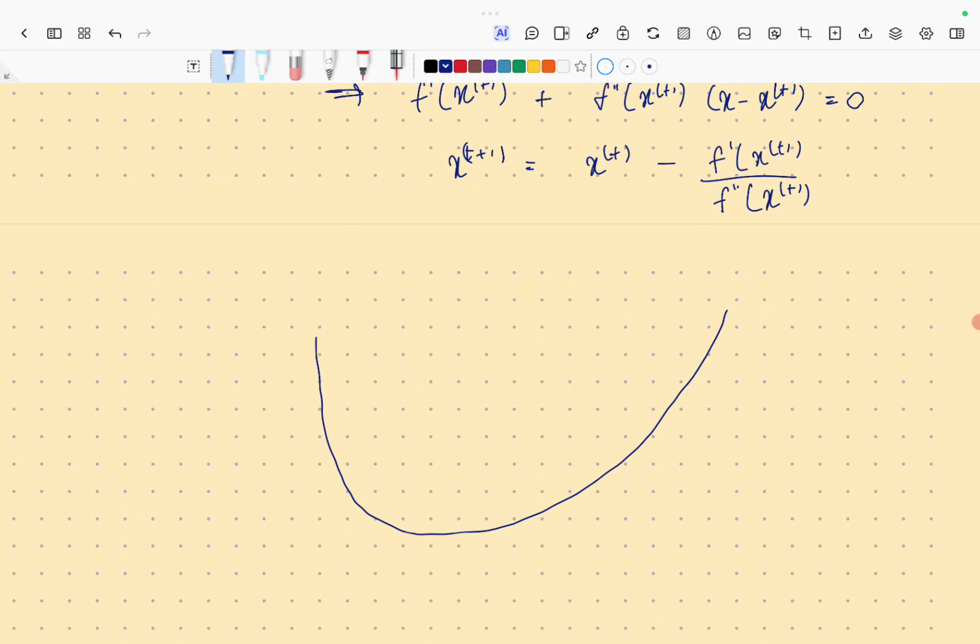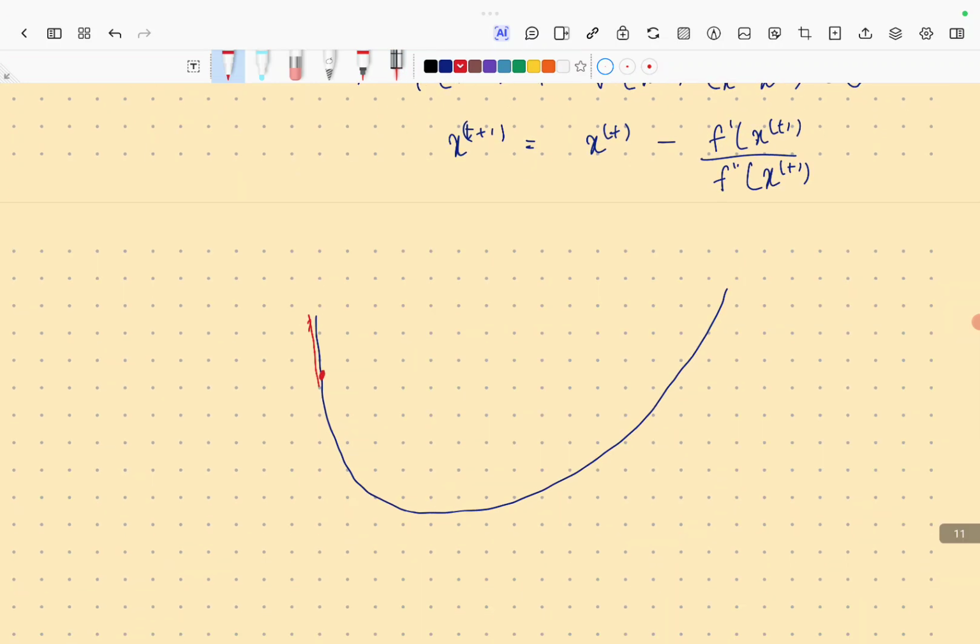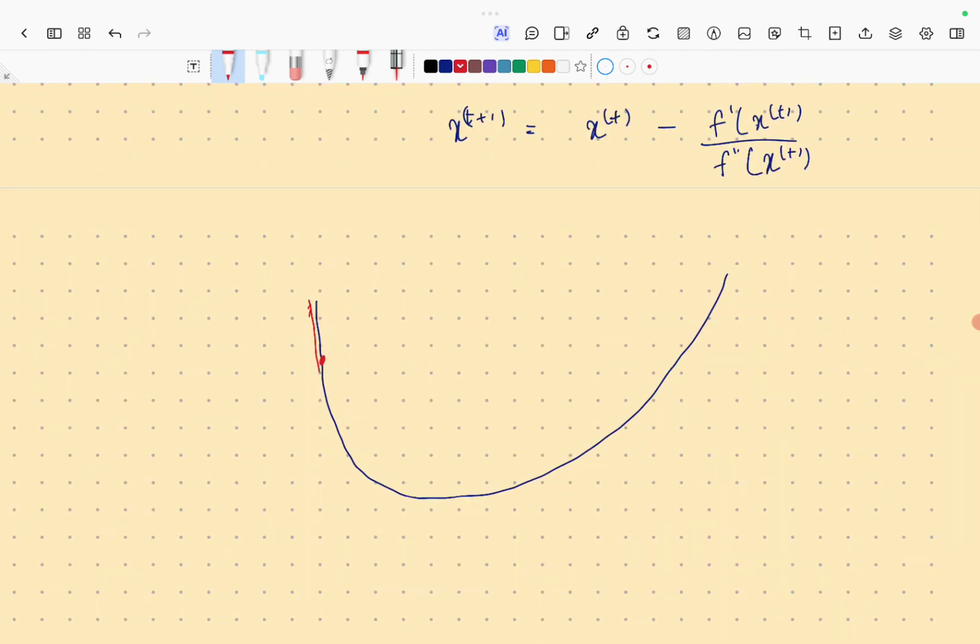So one way of thinking about this is at each step, you have some weird convex function. At each step, you look at the quadratic. Let's say I'm at this particular point. I approximate the function by a quadratic that passes through this particular point and has the same first and second derivatives as f.